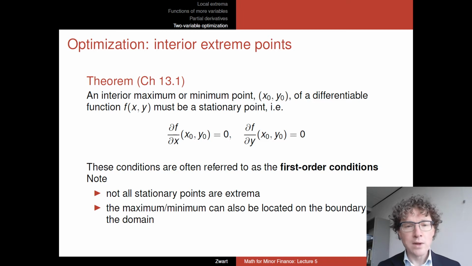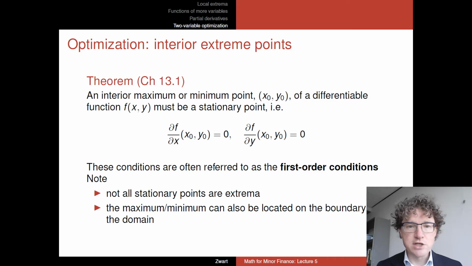So it means that all its partial derivatives, in this case with just two variables, the partial derivative with respect to x and also with respect to y, at this maximum or minimum x0 and y0, they both have to vanish at the same time.